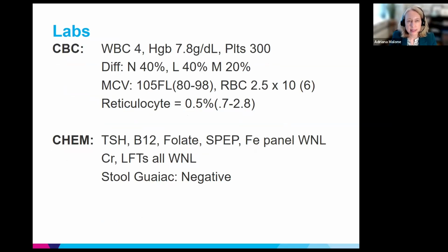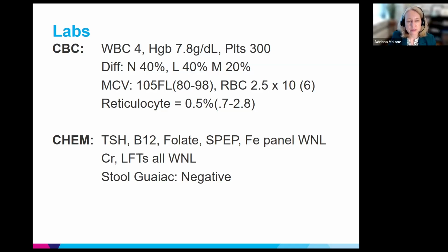So here we see that the hemoglobin is reduced at 7.8 with a normal white blood cell count and platelet count, a normal differential, an elevated MCV of 105, a reduced red blood cell count, and a low reticulocyte count.